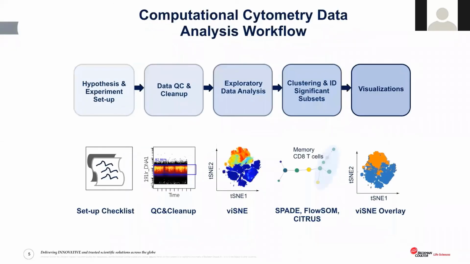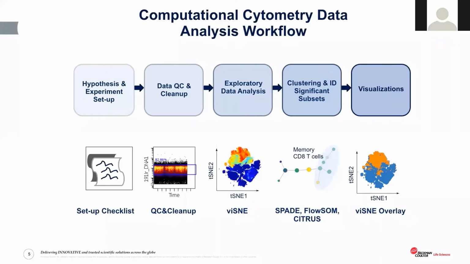A very often asked question is how to get started with machine learning. For anyone new, we have put together a workflow here as a guidance on how to get started. Like any other cytometry experiment and data analysis, unfortunately or fortunately, the old rules all apply.